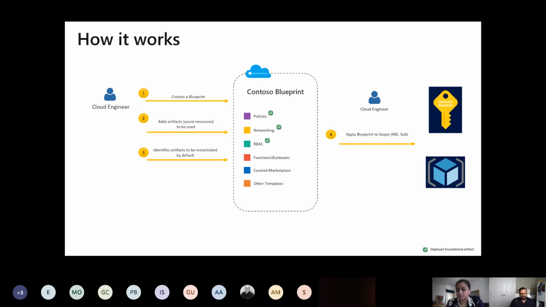From the policy side, you would have to create the policy and assign policies, so the blueprint does that. The blueprint actually does everything for you, including your RBACs, or role-based access controls, everything I mentioned before. So that's the concept here.